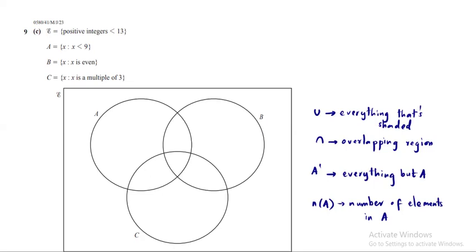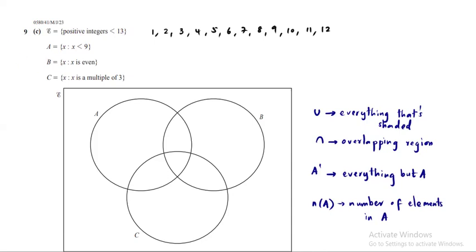So that is 1 all the way up to 12, not 13, because it doesn't say less than or equal to. So it goes 1, 2, 3, 4, 5, 6, 7, 8, 9, 10, 11, and 12. I should not write the 13 because it's less than 13.